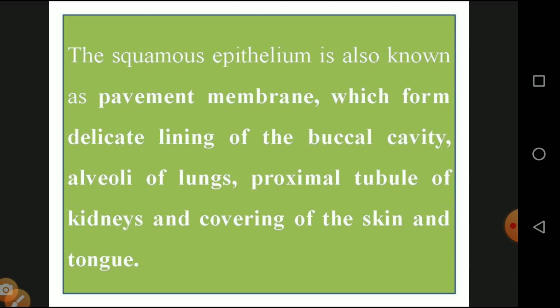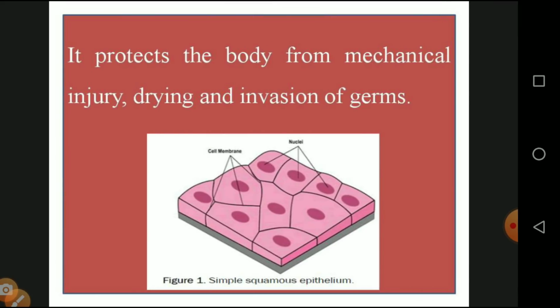The tongue also consists of sensory buds. The buds are made up of squamous epithelium. And they protect the body from mechanical injury, drying, and invasion of germs. So injury means we cannot get much injury, drying is prevented by maintaining the moisture content, and invasion of germs means microorganisms cannot enter our body.